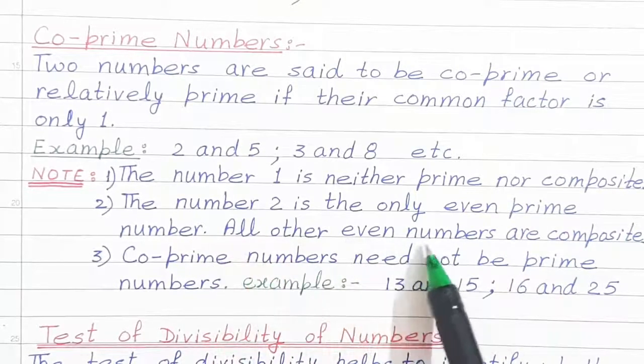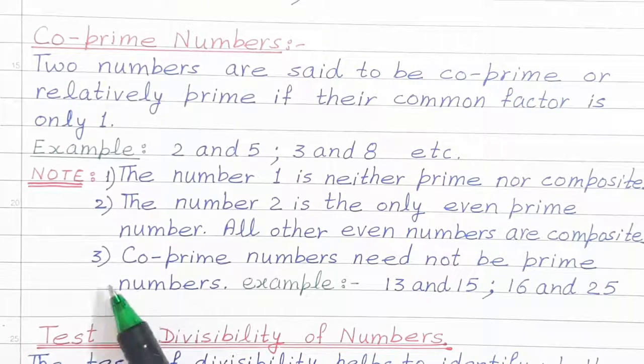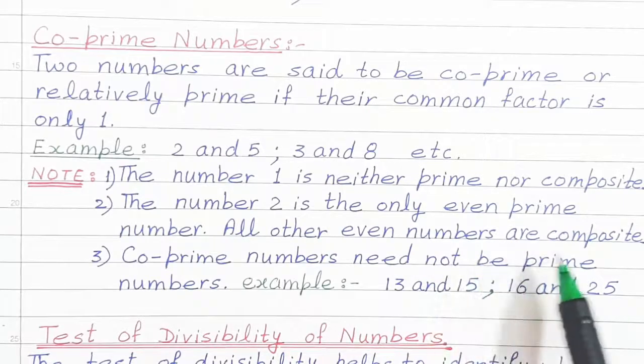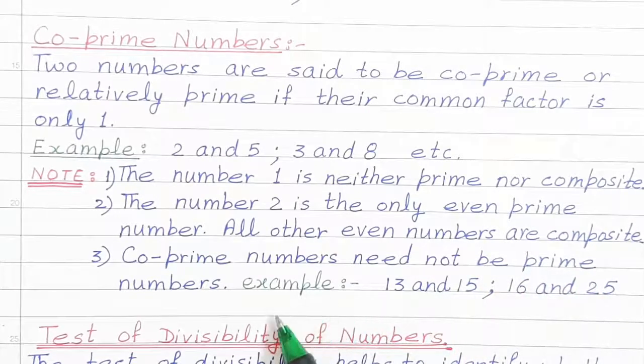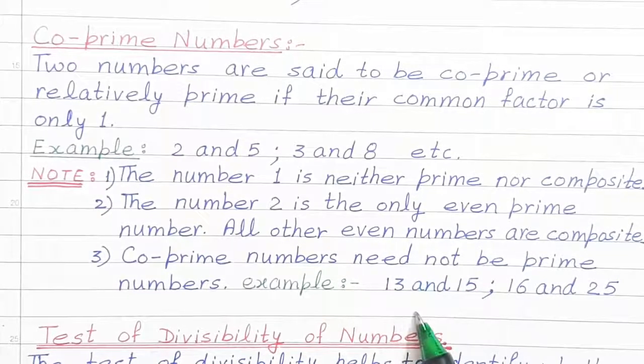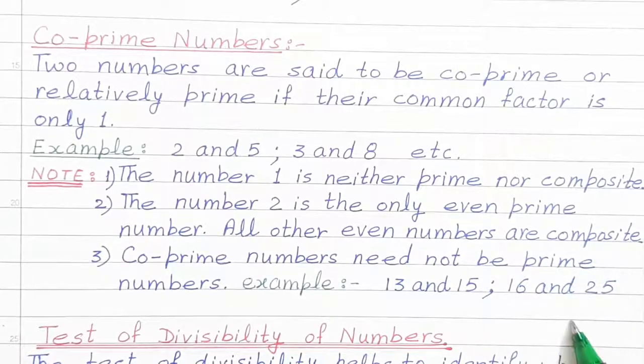All other even numbers are composite. And the third one is co-prime numbers need not be prime. For example, 13 and 15. The HCF of 13 and 15 is 1. HCF of 16 and 25 is 1. Clear?